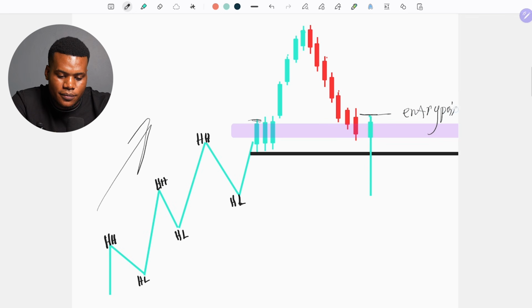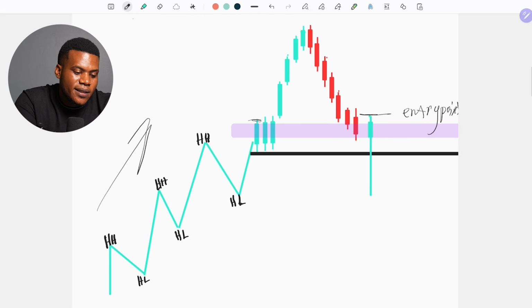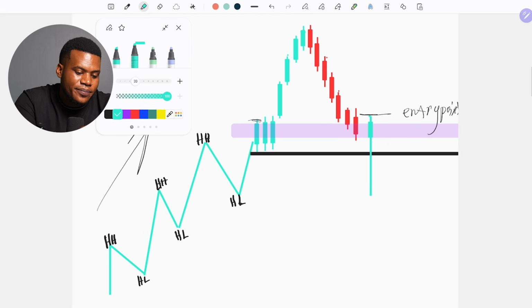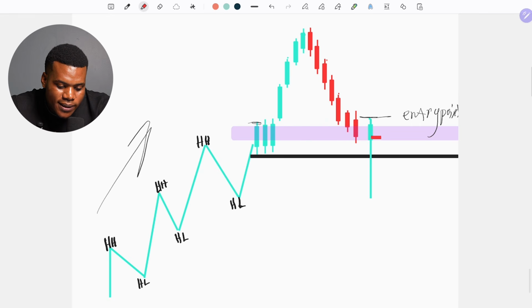But remember the reason why we are taking this trade. Once upon a time, this candle was red like this, but buyers came into the market and pushed sellers up to here.